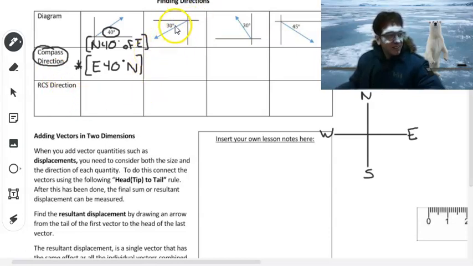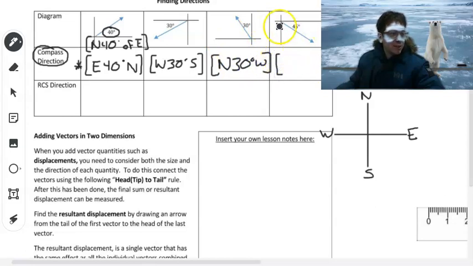Let's do another example. This one looks like it's in the southwest quadrant, and it's 30 degrees from our west direction. So I'm going to write, start west, and then go 30 degrees towards south. So west, 30 degrees south. Okay, this one, it looks like we're starting north, and we're going 30 degrees towards the west.